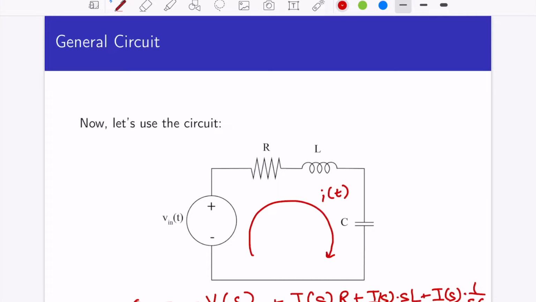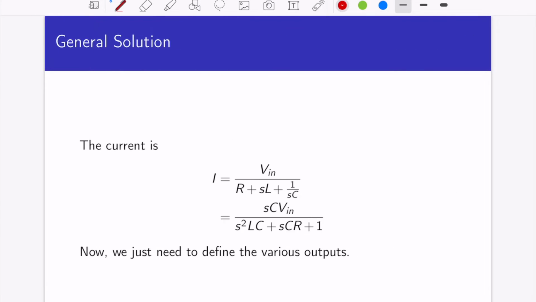So we can take this equation and rearrange it, and we can come up with I of s is equal to Vin of s over R plus SL plus 1 over SC. So notice that for convenience, we are not writing the (s) on I and Vin. That really, I think, can be somewhat confusing. So it's best just to leave it off now that you feel comfortable with the idea.